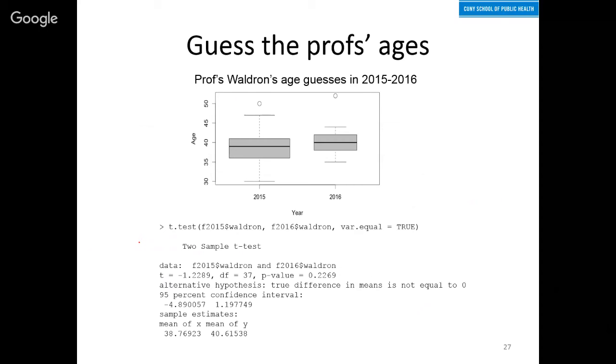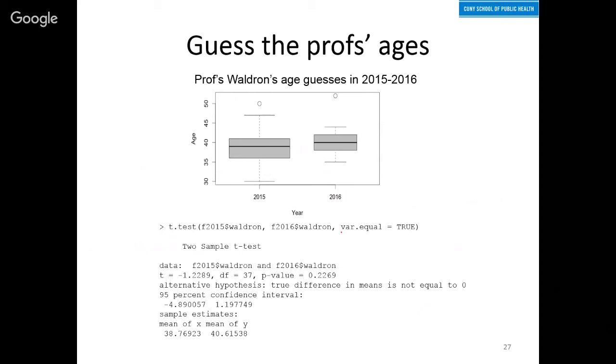So the population mean of age guesses for me would be the same last year as it was this year. There does seem to be some increase though in the median guess here, which worries me. But I'm going ahead and doing this t-test for the 2015 and the 2016 data.